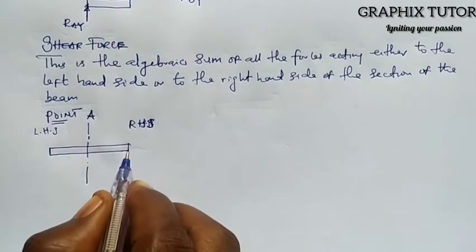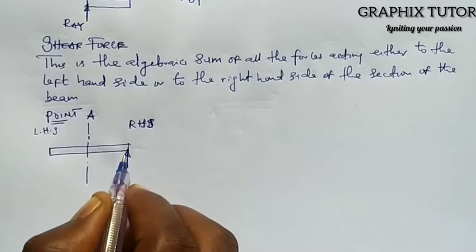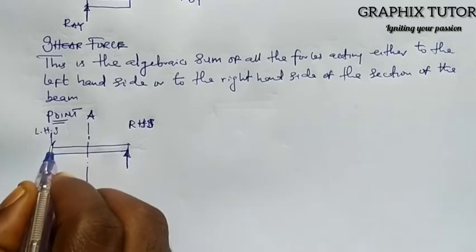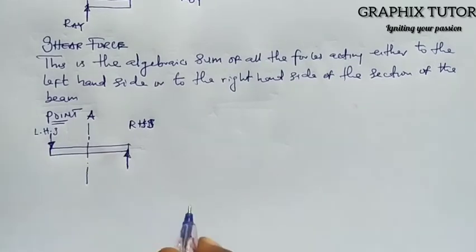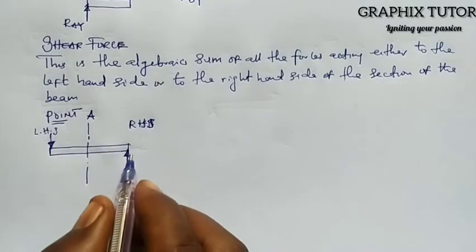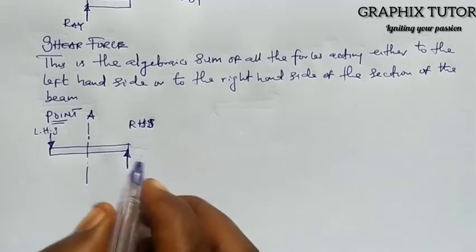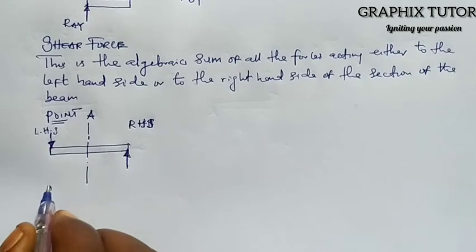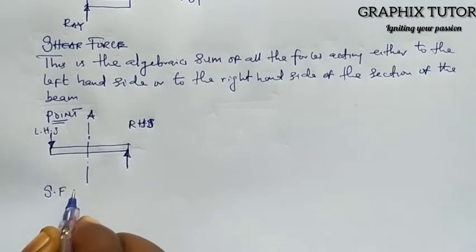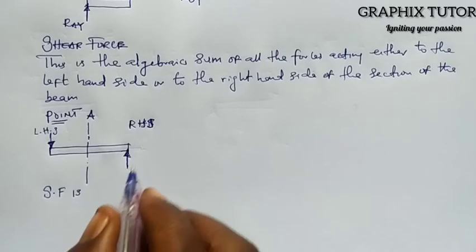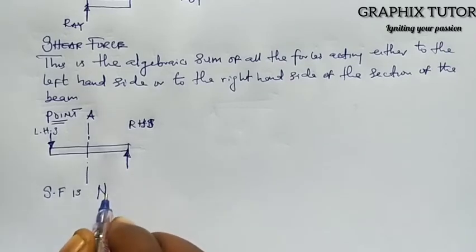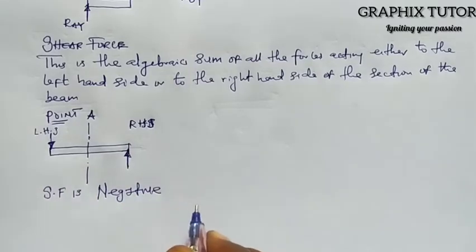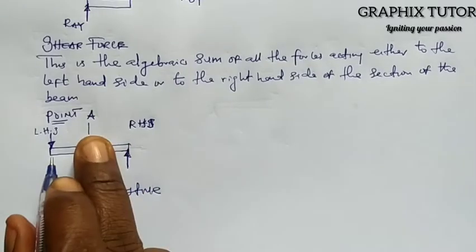Now I assume I have a reaction facing up at the right hand side and a reaction facing down at the left hand side. So when you have a force facing up at the right hand side or a force facing down at the left hand side, we say the shear force is negative. That is point A.